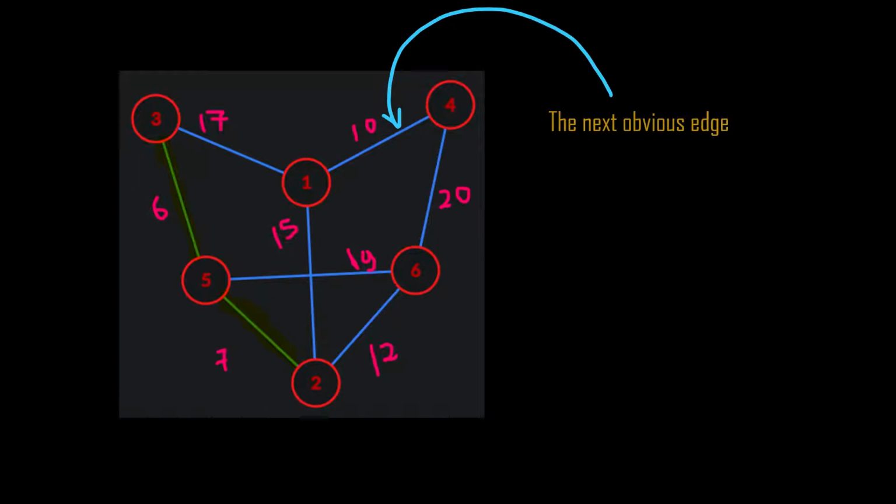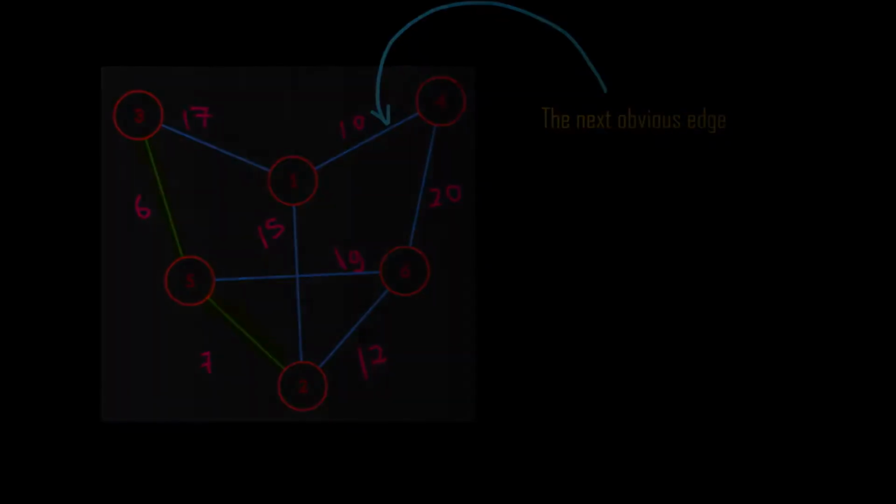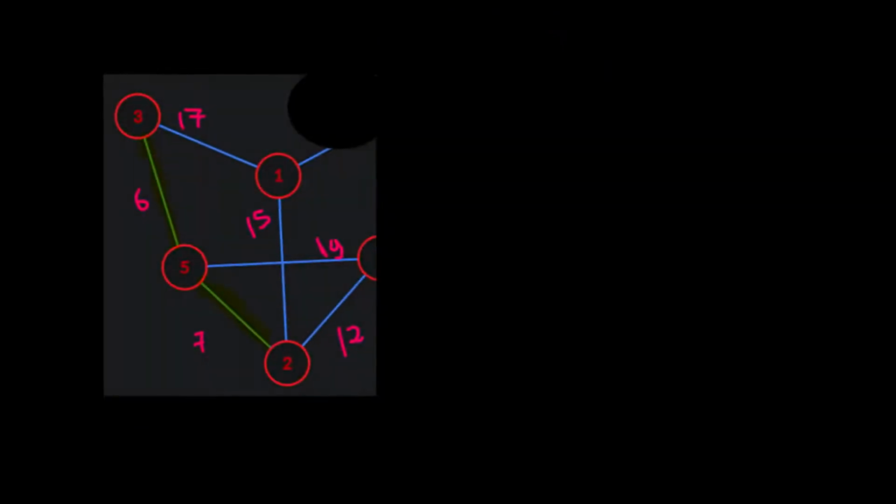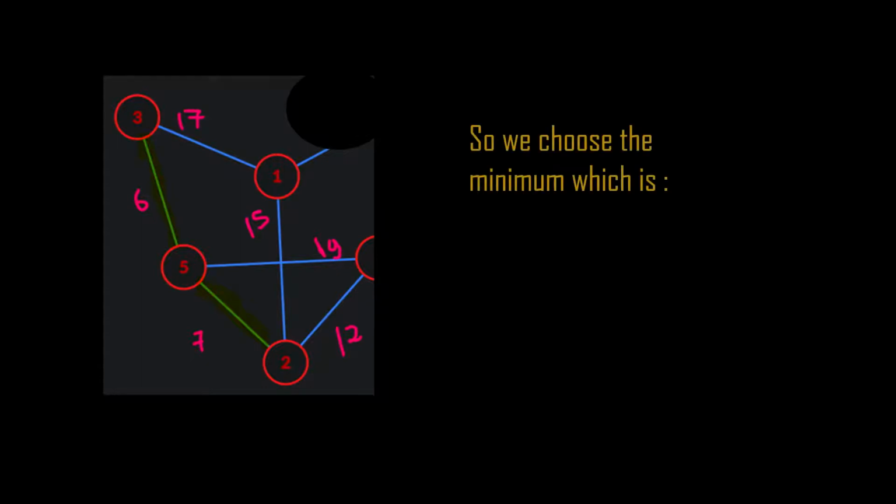And if you consider that particular area, we basically get these edges which are right now in our focus area. So it's obvious that out of these edges, the edge with the minimum length now, which has not been covered, is the edge with the length 12.